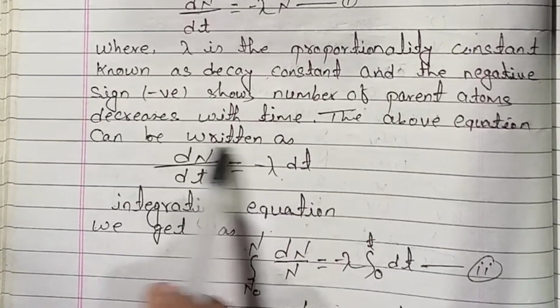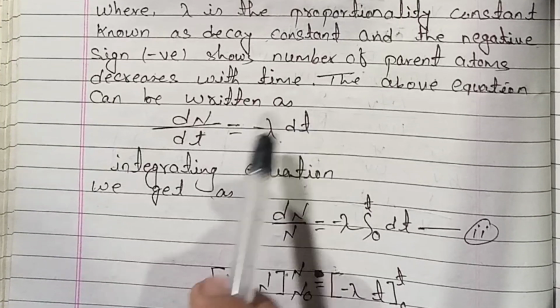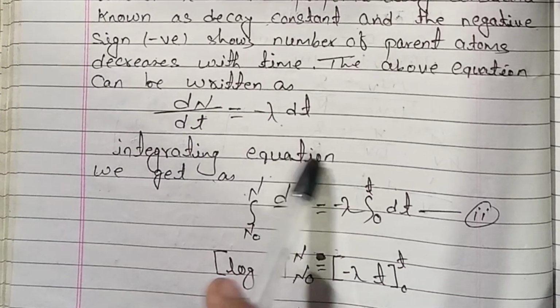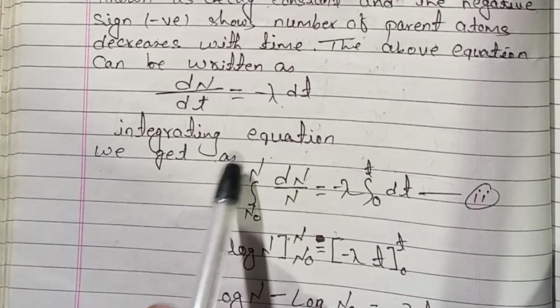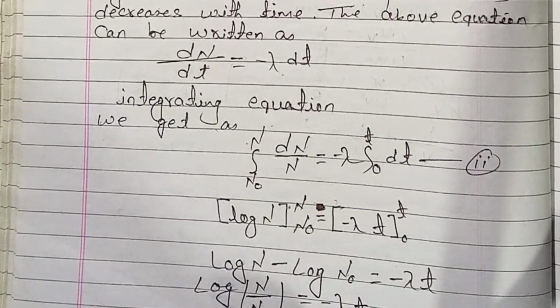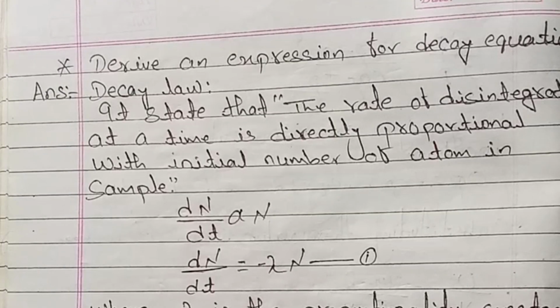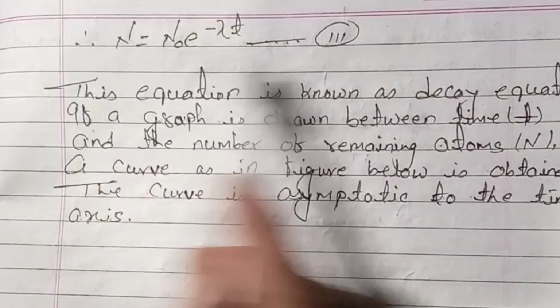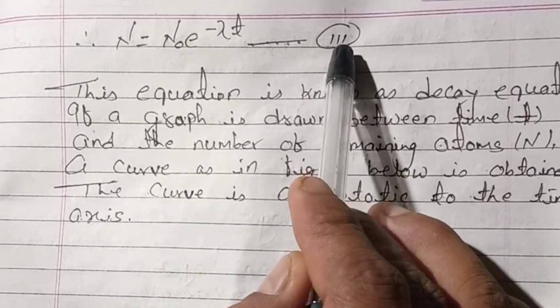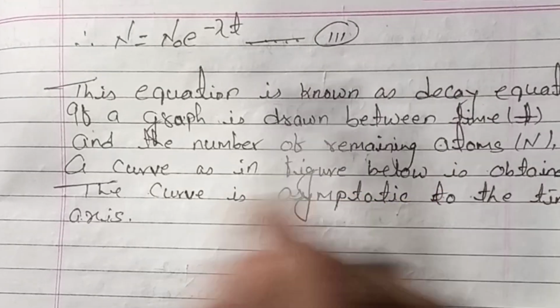The above equation can be written as dN by N is equal to minus lambda dt. Integrating the equation, we get the integration of dN by N. You can use this formula and integration, calculate this, and prove it. So this equation is known as the decay equation.